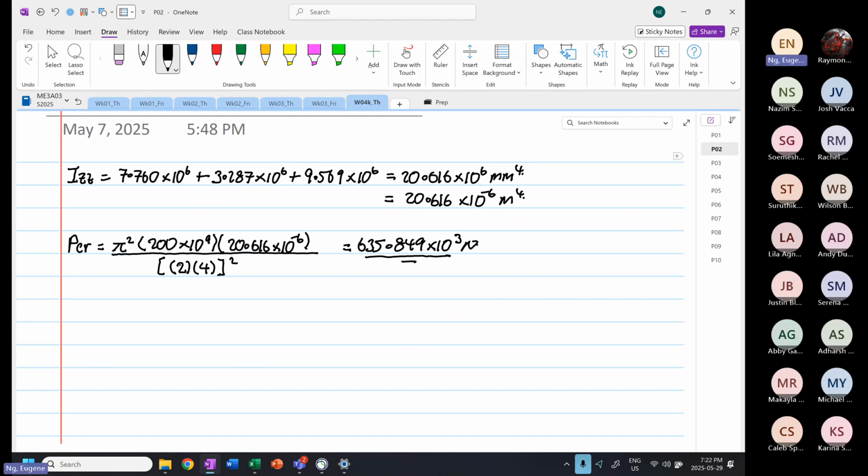So now what we are given is that the P applied is equal to 10 times 10 to the power 3.